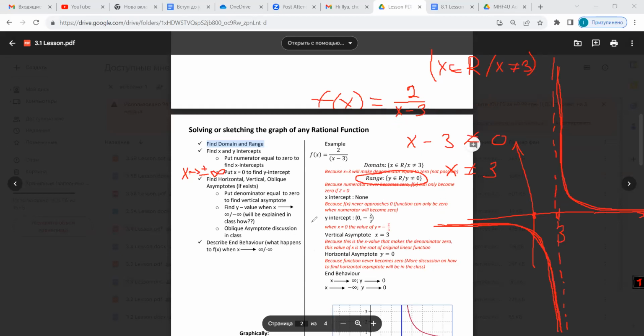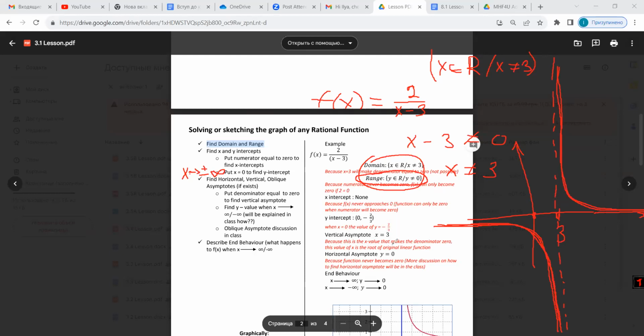So looking into our example, we already know how to find the domain and range, x-intercepts and y-intercepts. How to find y-intercepts? Basically, you set x equals 0, right? When x equals 0, we see that 2 over -3 would be our y-intercept.